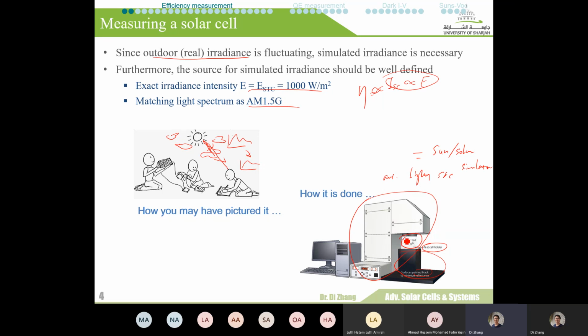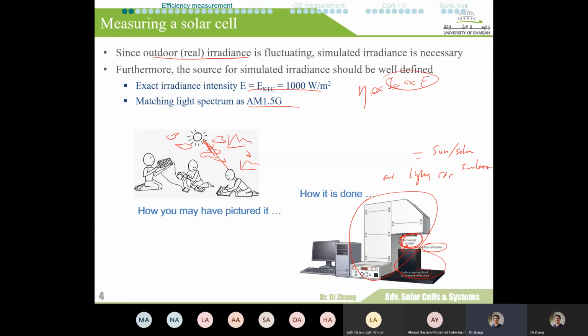Minimum reflection means a minimum chance of light being reflected into the solar cell, because any reflected light will add to the irradiance. Ideally you may have 1,000 watt per square meter from the simulator, but with surface reflection, you may have more than 1,000 watt per square meter. So in the real measurement, you have to pay close attention to all these details to minimize the errors and any kind of accidental factors.